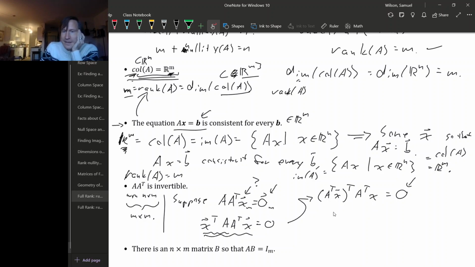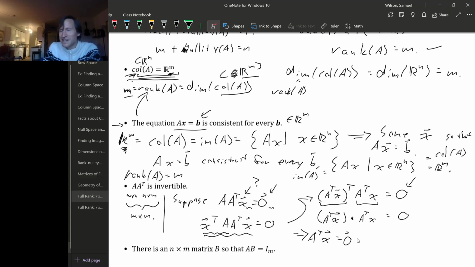All right. Now, one other property we've seen about vectors is that if you take the transpose of a vector times itself, you actually get the dot product. So this is A transpose x, a vector dotted with itself. And we're getting the scalar 0, but that means that A transpose x has to be 0.